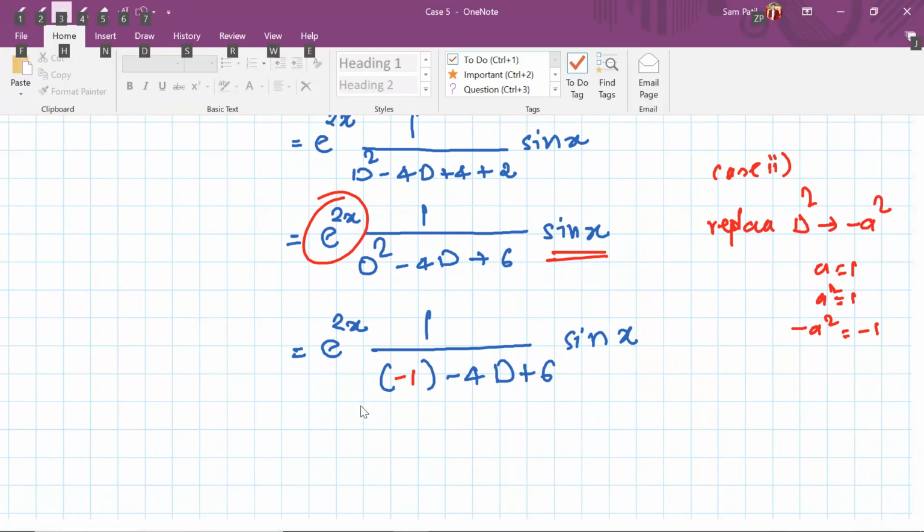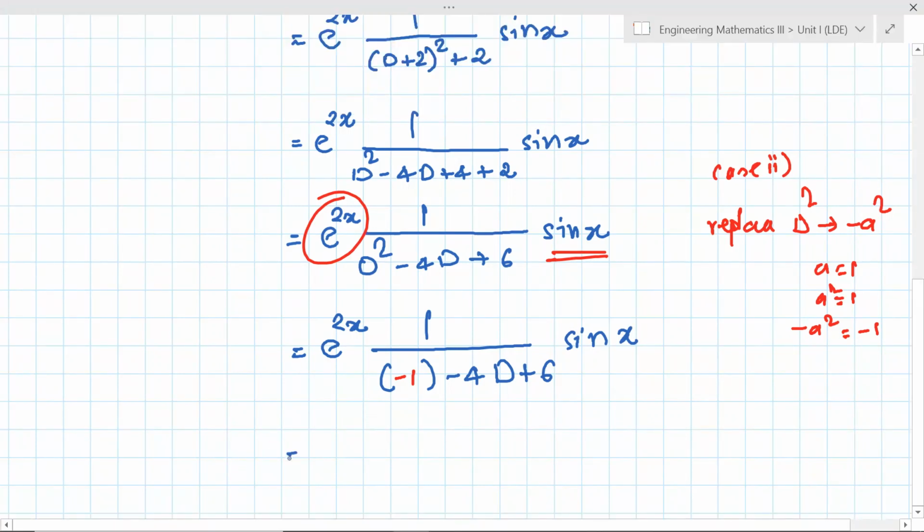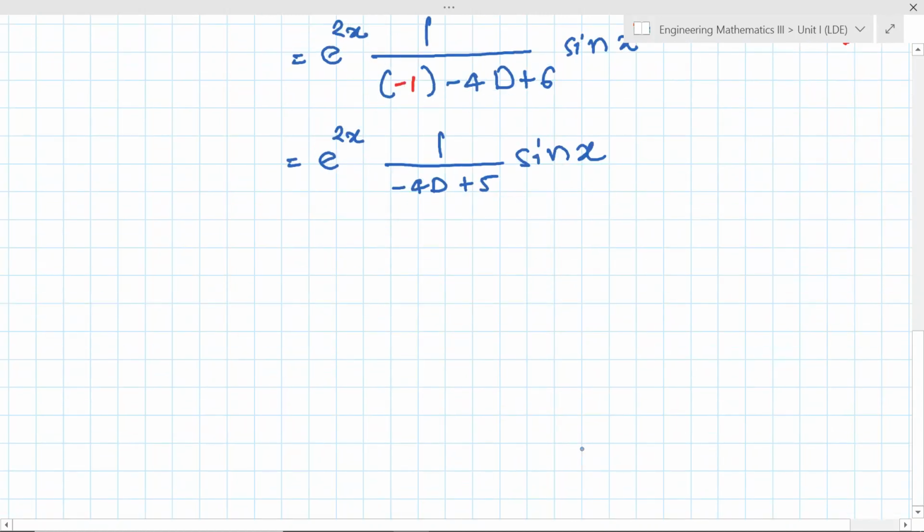So therefore what I get here is equal to e raised to 2x, 1 upon, this is minus 4D plus 5, into sine of x. Now this can be written as e raised to 2x into 1 upon 5 minus 4D, sine x.